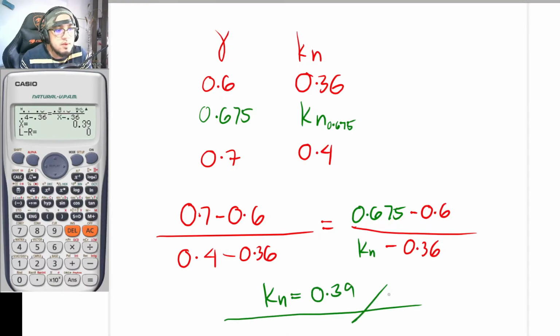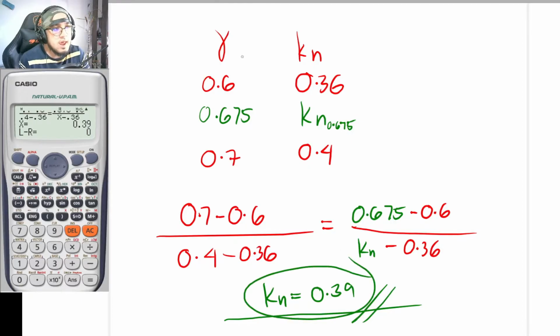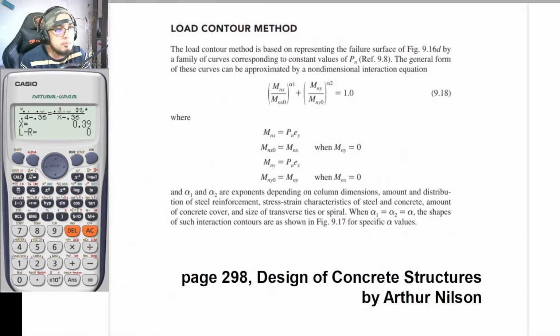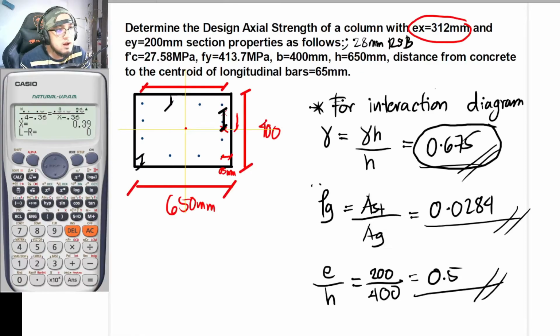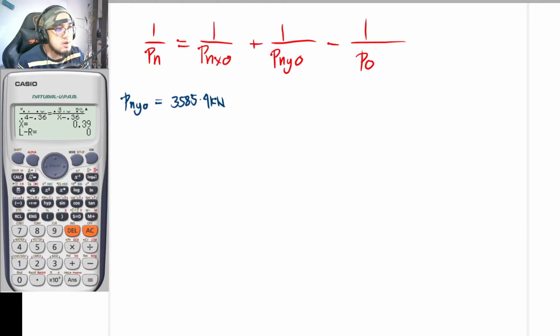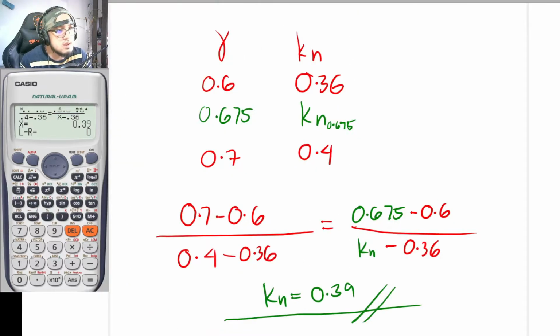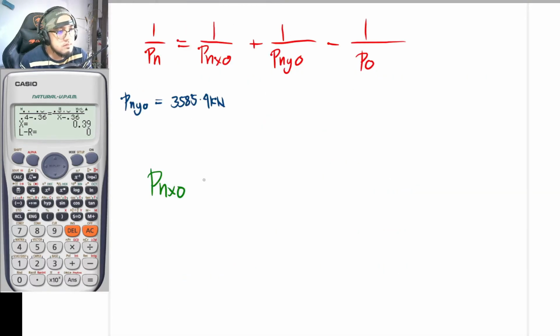So, this is now our answer for Kn for uniaxial bending along the y direction, and it is about the x-axis. Okay. So, for your Pnx0, using once again this value, Knx0 is to be equal to 0.39.